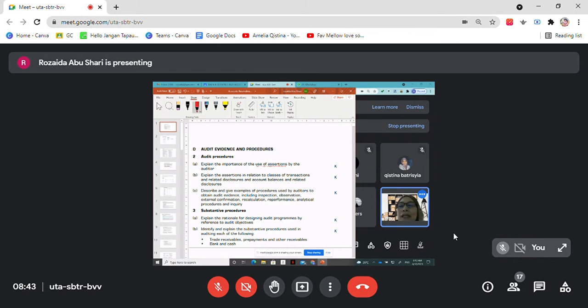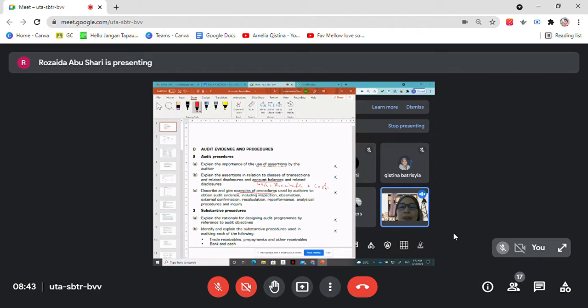Explain the assertion in relation to the classes of transaction and related disclosure and account balance. Today we look at the account balance, where we are looking at the accounts receivable and cash. And you must be able to give examples of procedures used by the auditor.